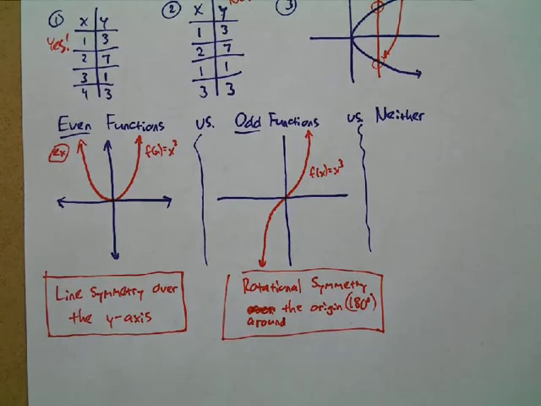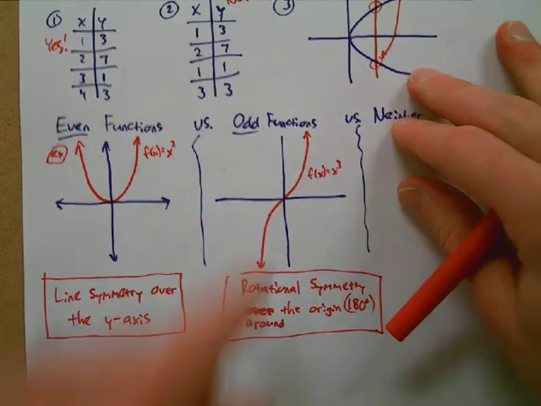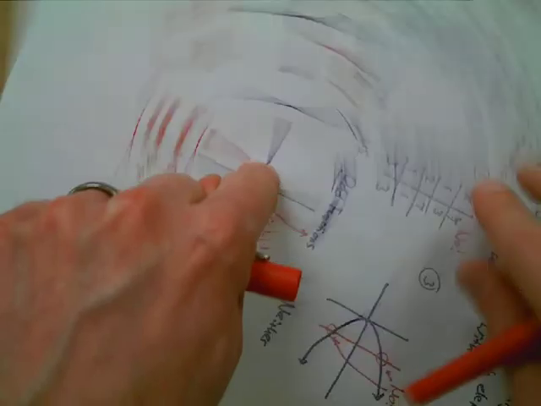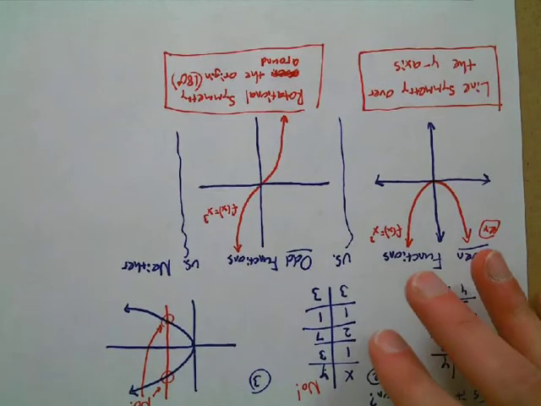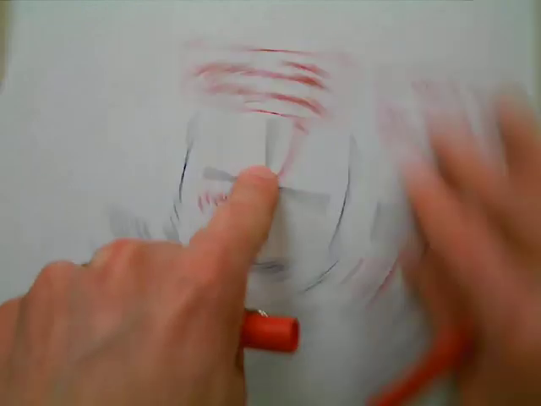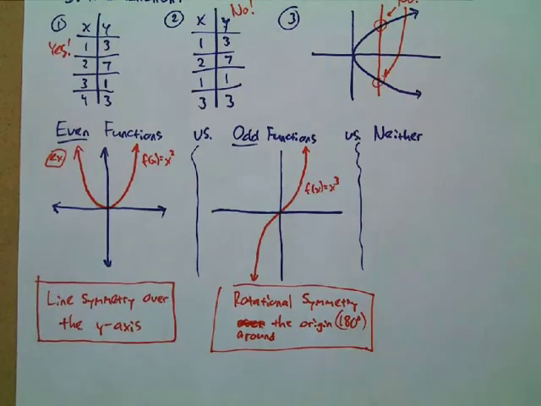So you rotate my paper here around the origin, and you see the same kind of graph. Perfect.